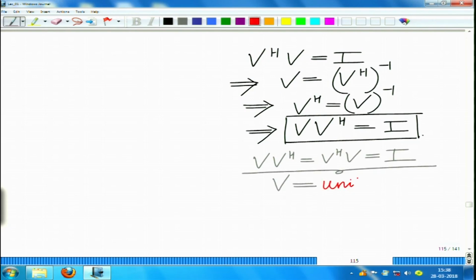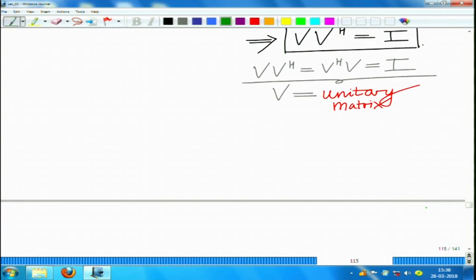So, a square matrix V which satisfies this interesting property, V V Hermitian equals V Hermitian V equals identity, is termed as a unitary matrix.